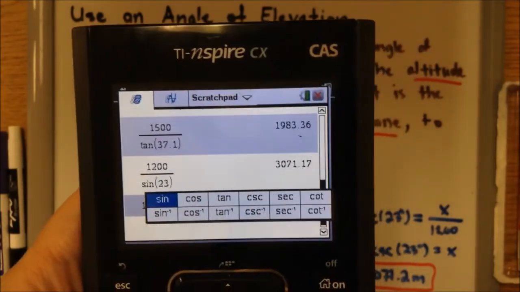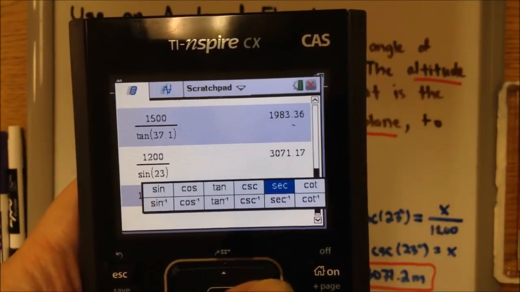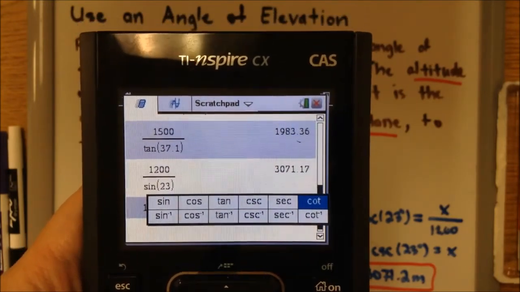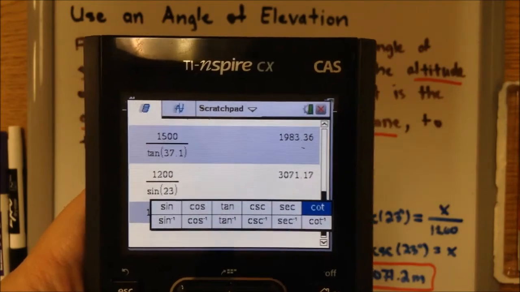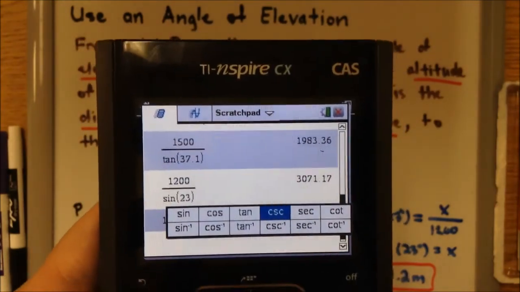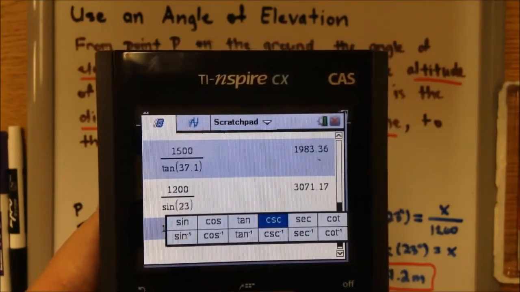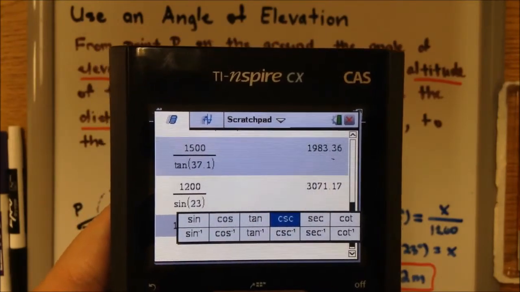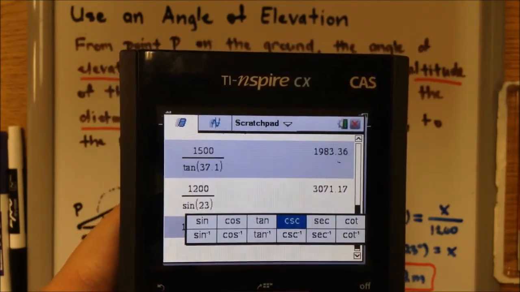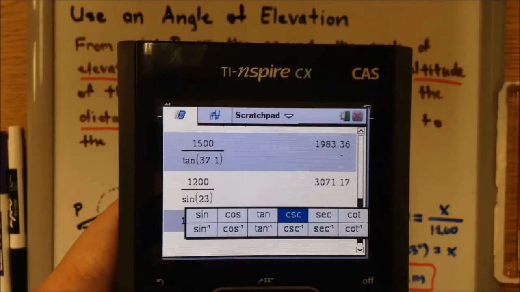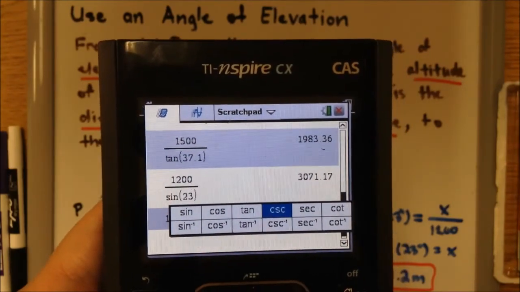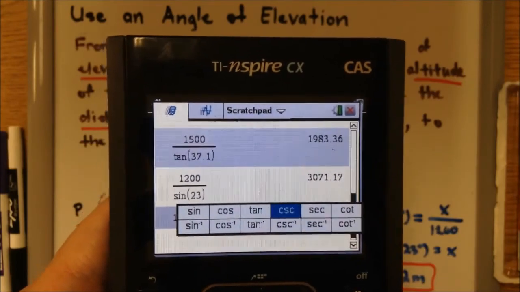If you were to use cosecant, secant, and cotangent, you have to write them as their reciprocal functions. The TI-83s and 84s only have sine, cosine, and tangent, not cosecant, secant, or cotangent.